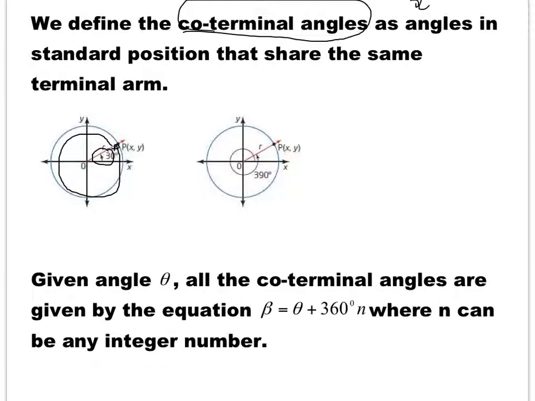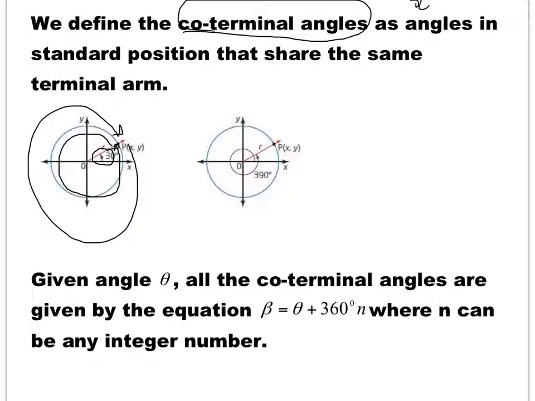Then I'm going to end up exactly on the same terminal arm. This is what we call coterminal angles. For any angle there are infinite coterminal angles out there.